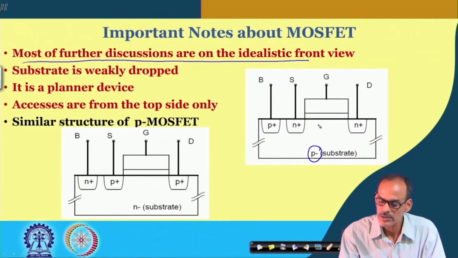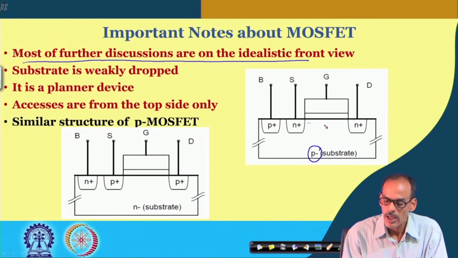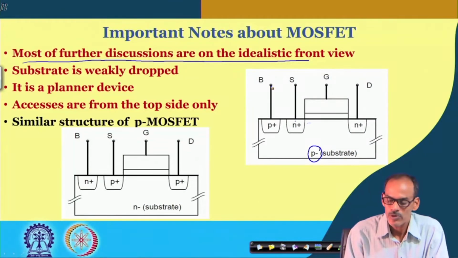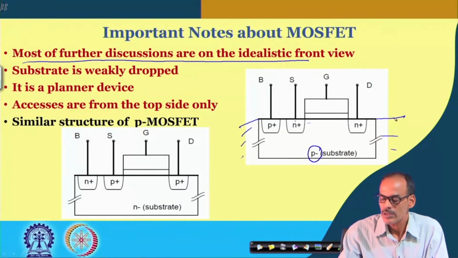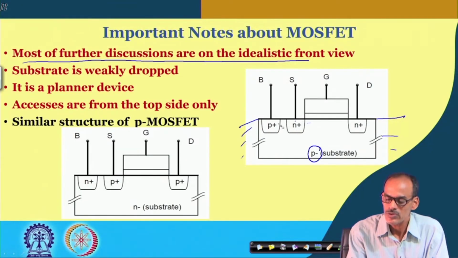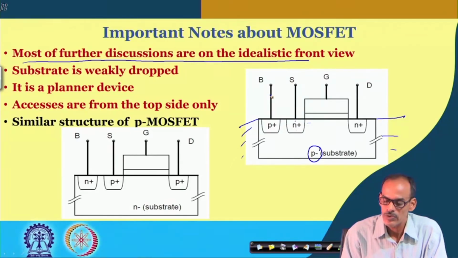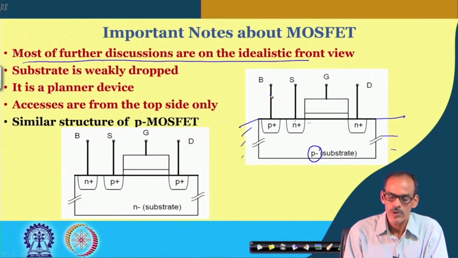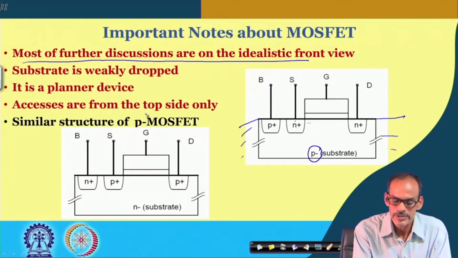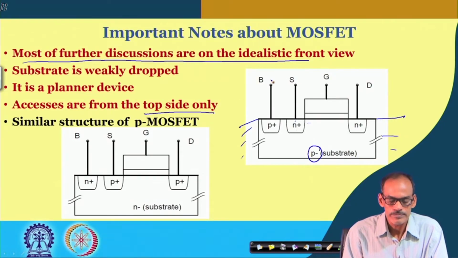You can see that the current is flowing horizontally, and access to different terminals comes from the top side of the device. In fact, this entire portion is the substrate, so we cannot directly access it. We have to access through the contacts and the top metal 1 and so on. All the access should be from the top.